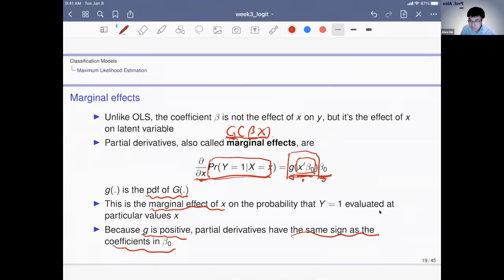So whenever you see a positive beta 0, you can say that when x increases, the probability of y equals 1 would increase. The other way around, when beta is negative, you can say that when x increases, the probability of y equals 1 decreases. So the sign is still the same, but for the magnitude, you have to do this extra step here.